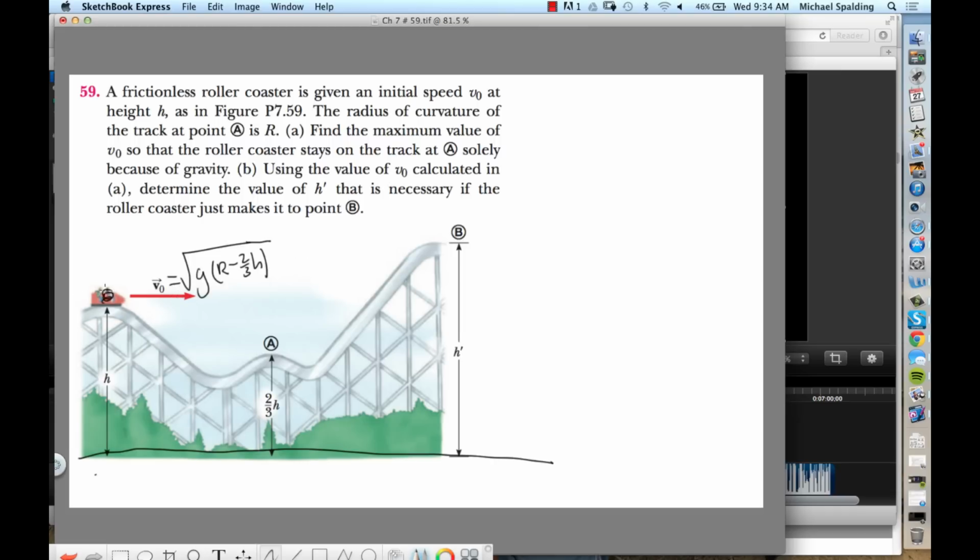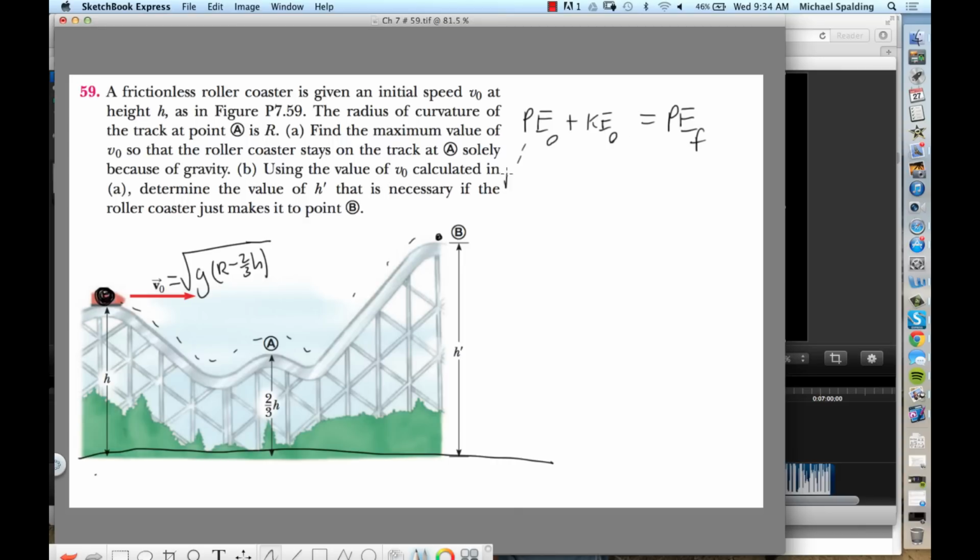What type of energy do we start with right there? Potential plus kinetic at this point. So when the car goes up like this, what type of energy does it end with up here? Only potential, because the kinetic goes to 0.